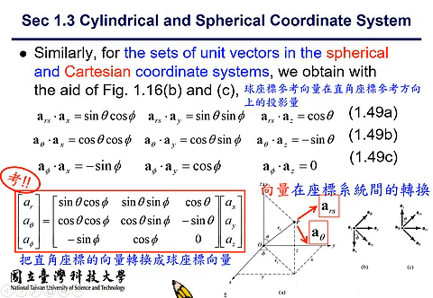So for point P, the theta value will become greater when it goes downward, this way, and becomes smaller this way. So the positive A theta direction should be as marked on this figure. It should be pointing to the bottom right on the slide. Now be sure to understand the definition of the A theta direction.